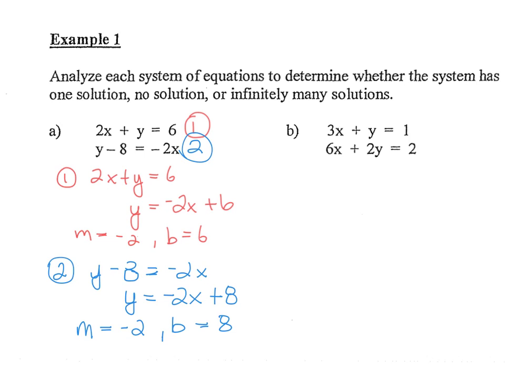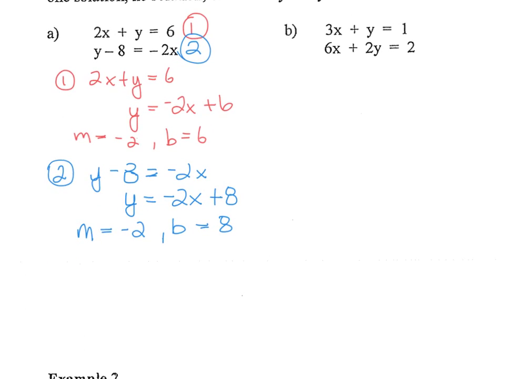So we know now that my slopes are the same. My red m, we'll call it m1, and we'll call the blue one m2.